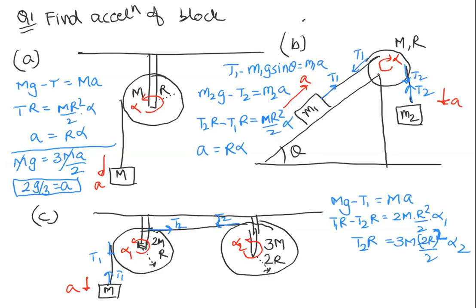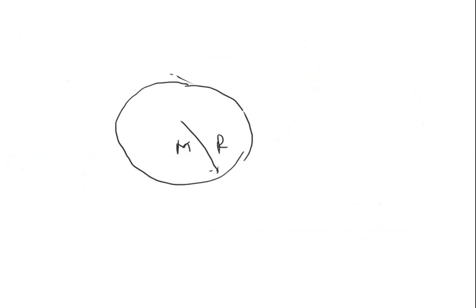अगर किसी भी पुली के पास अगर मास है, if a pulley has mass, then anywhere this will be tension T2, this will be T2.